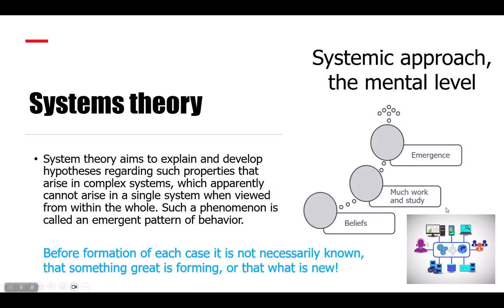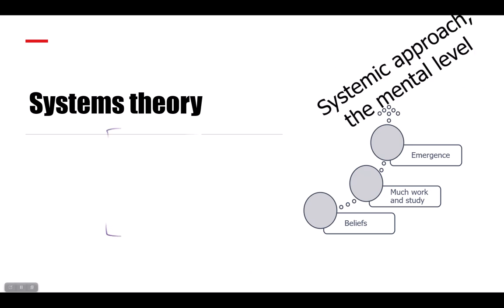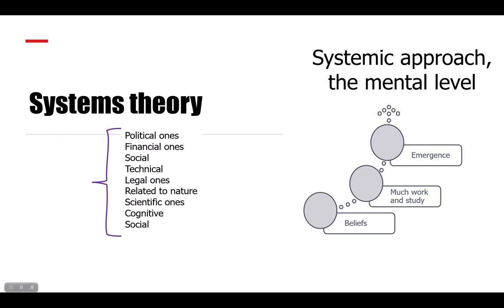We start from beliefs and do much more work and study, and it can create emergence in order to begin a new area, a new way of thinking. It can be used for many kinds of purposes: public purposes, perspectives, politics, financial economy, social technology approaches, and so on. Almost everywhere.